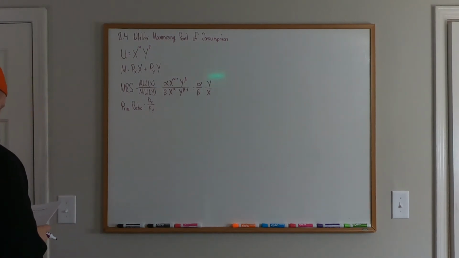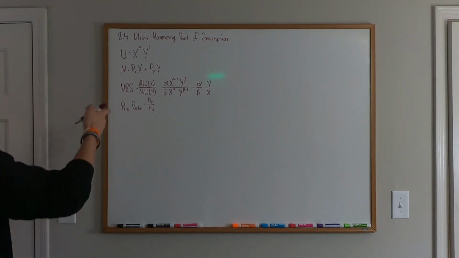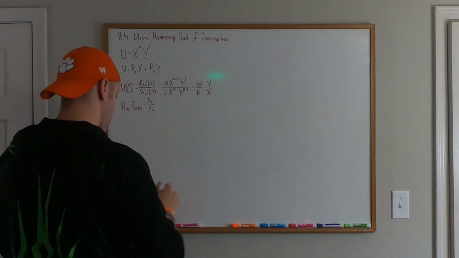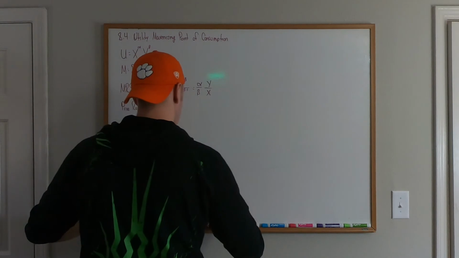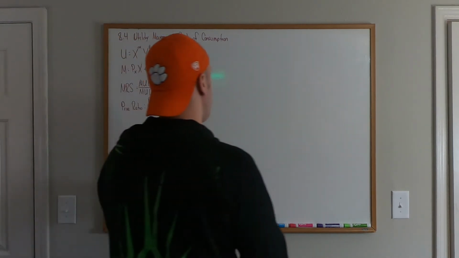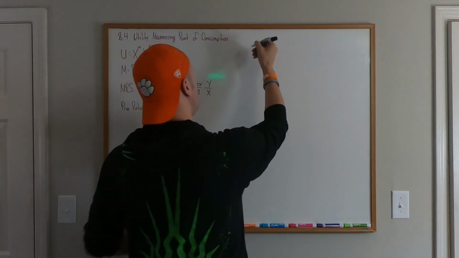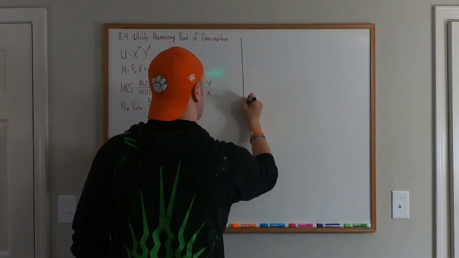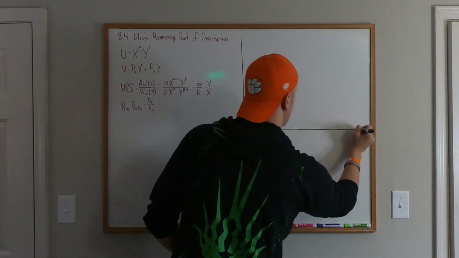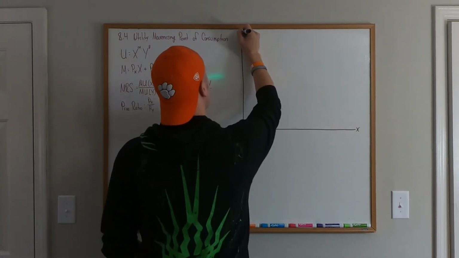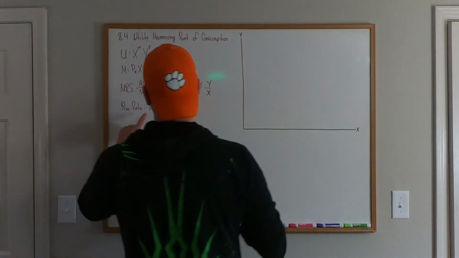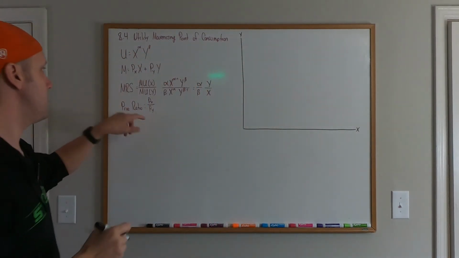If we had this in just xy space, where you consume good x and good y, so I'm helping you visualize what you did in the homework, this price ratio was the slope of the budget line.